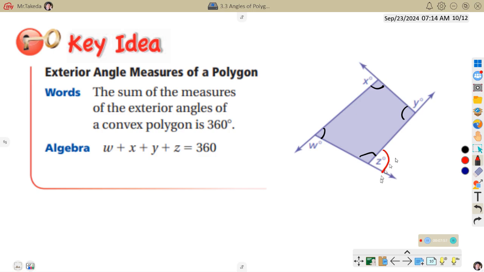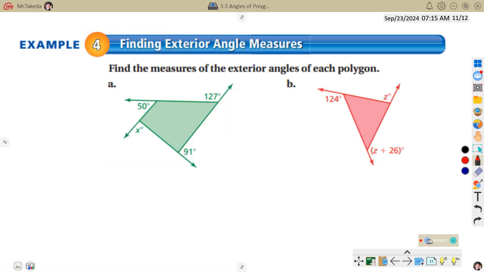So that's an exterior, that's exterior, that's exterior, and that's exterior. Okay, so the sum of these would be 360. So that is something we're going to use to answer some questions.